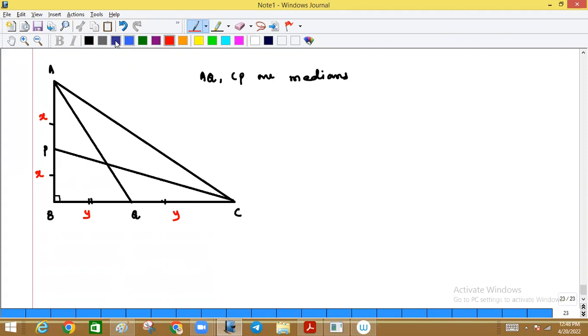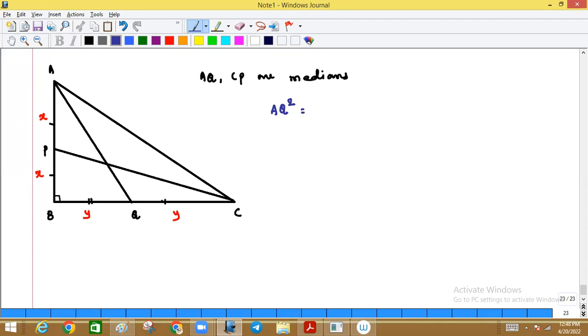Can you tell me what is AQ square? Look at ABQ, a right angle triangle where AQ is a hypotenuse. AQ square is equals to side square plus, what is one side? X plus X, 2x whole square. What is another side? Y square.